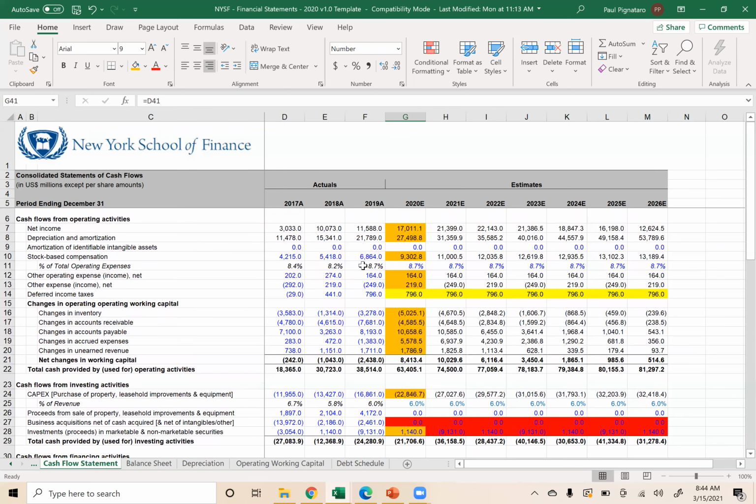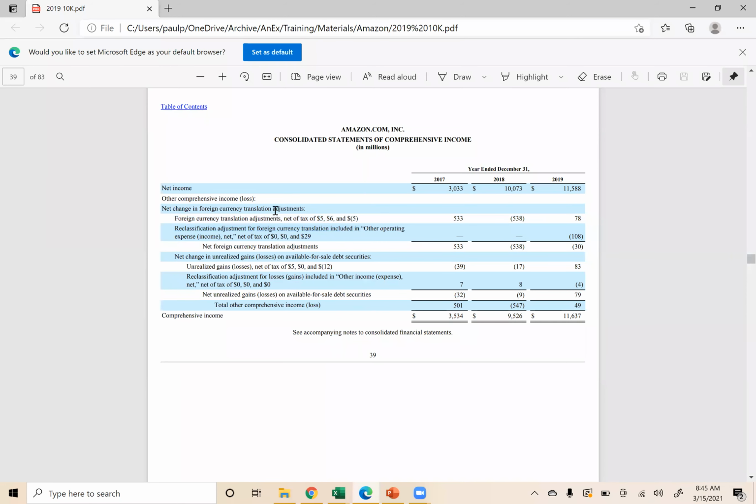When I said that there's three major categories that this could be lumped into, I said other operating expense can be linked into assets, liabilities, or shareholders' equity. A good clue into whether it is actually lumped into accumulated other comprehensive income is to see if it's a line item reflected here. Is it a foreign currency transaction adjustment? Is it an unrealized gain or loss? No, it wasn't. So I eliminated other comprehensive income.